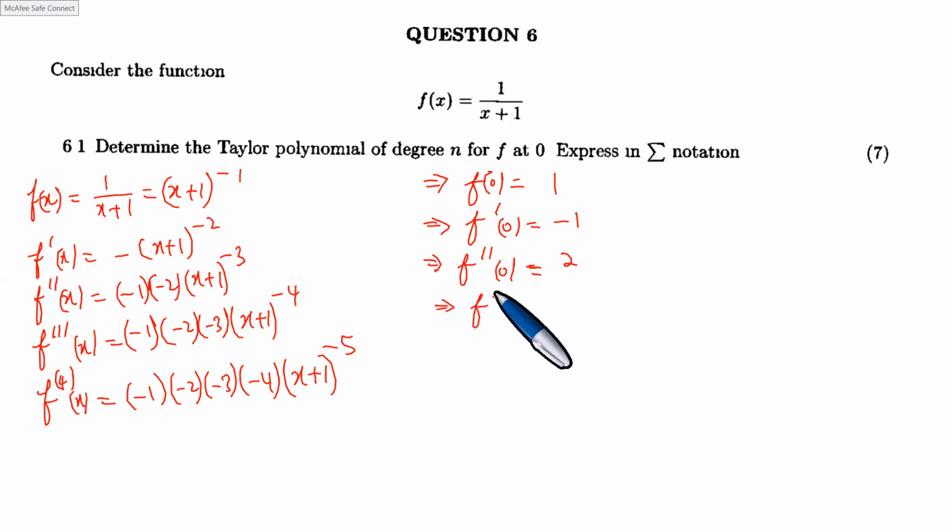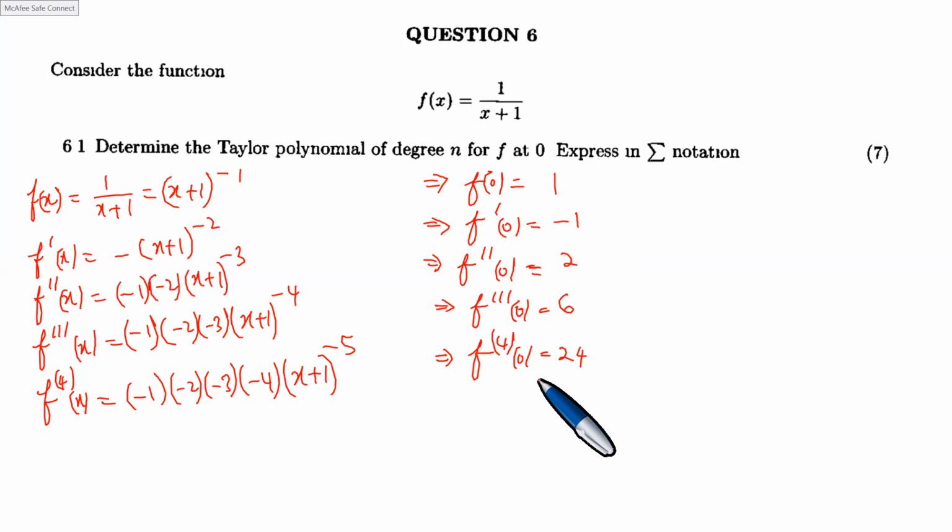This implies that the third derivative at 0, we replace x by 0 into the third derivative, and it becomes 6. We have the fourth derivative, which is equal to what? 24.